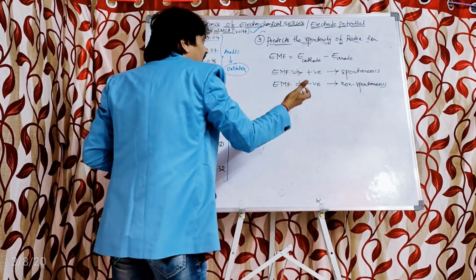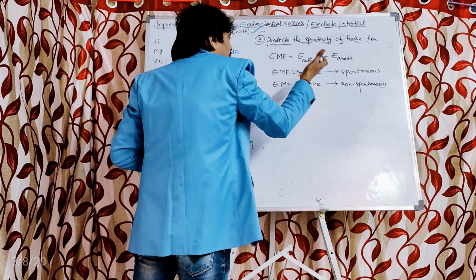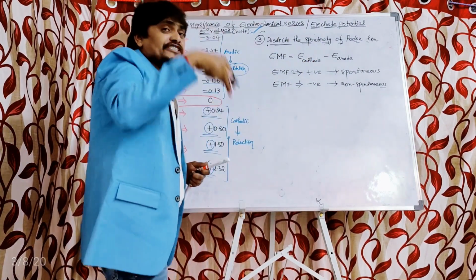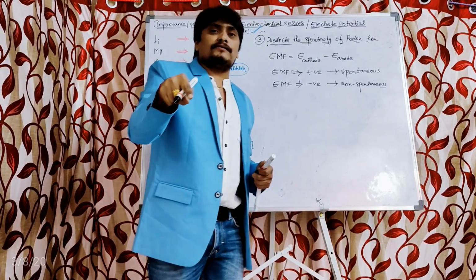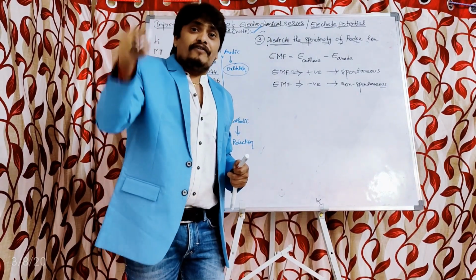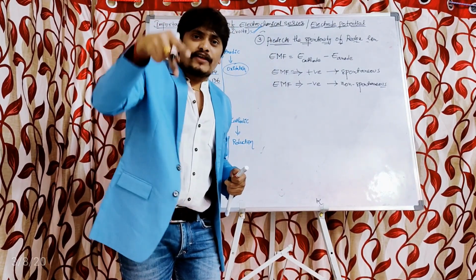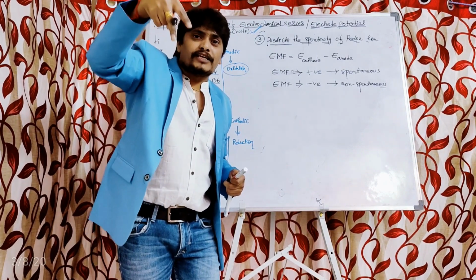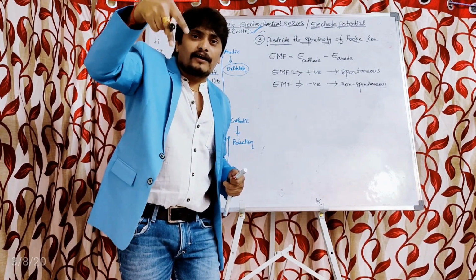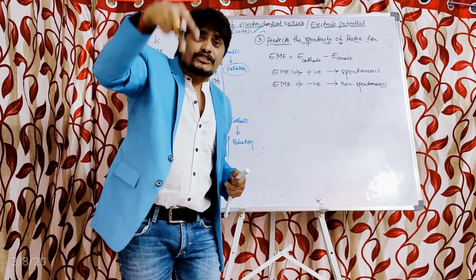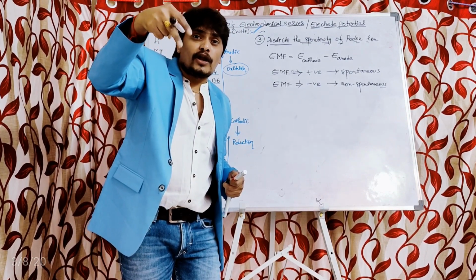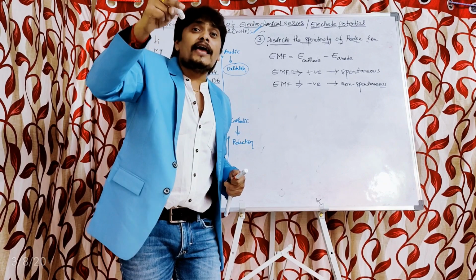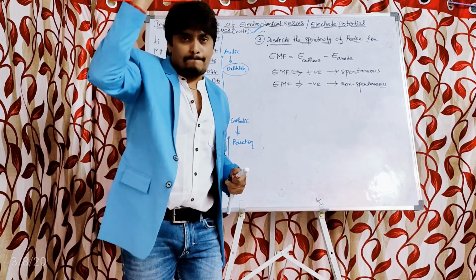On the other hand, if it is negative, the cell is non-spontaneous. If it is spontaneous, then only should we go with the combination of those electrodes. If it is non-spontaneous, then we should not consider those two electrodes for constructing the electrochemical cell.